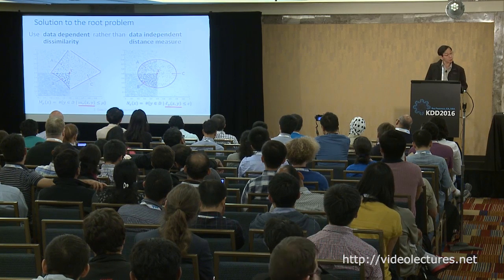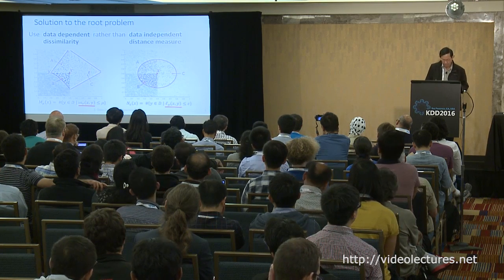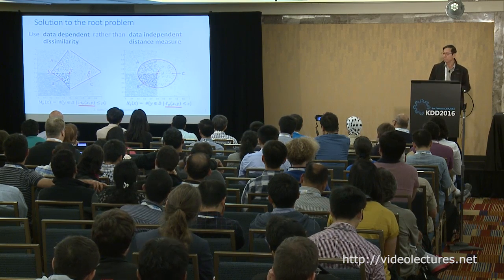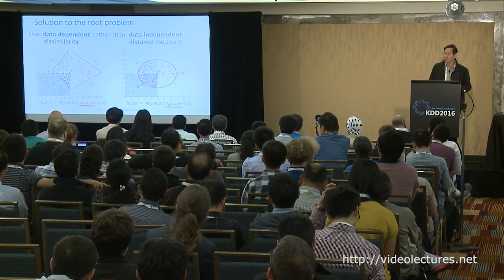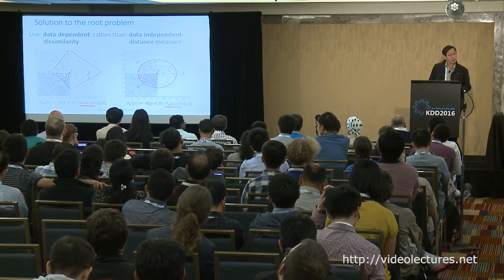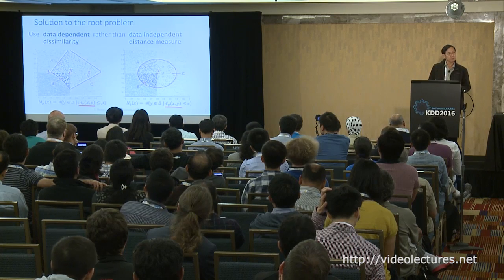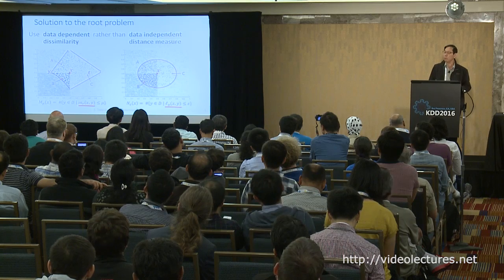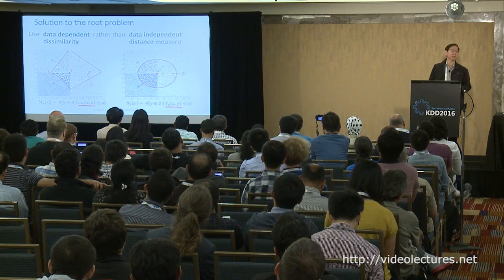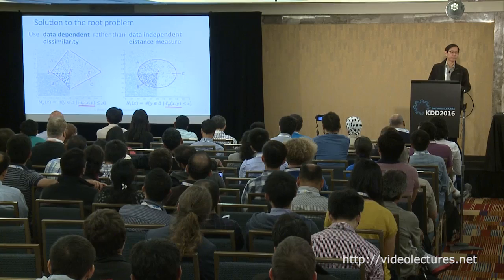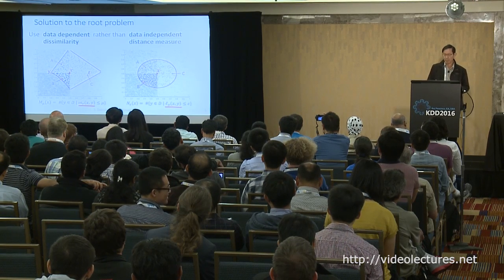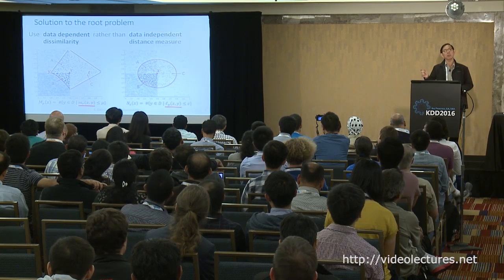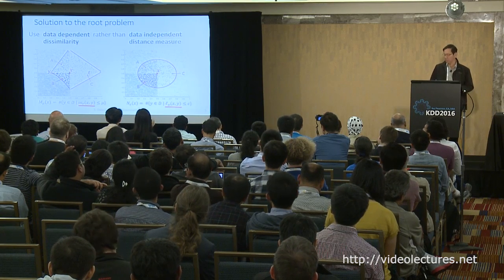Also, it means that if you have two equidistant points, for example, z here, z is now more similar to x than y is to x, although both of them have the same distance to x. Okay, that is the key difference between using a distance measure and the data-dependent dissimilarity measure.